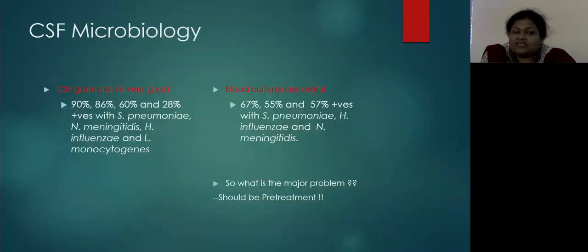So the gram stain, most of the time we send gram stain, but we do not follow it up. So actually, you must follow up all gram stains if they have been done early. Why don't we get positive gram stains? What do you think? Yes, that is the actual problem.